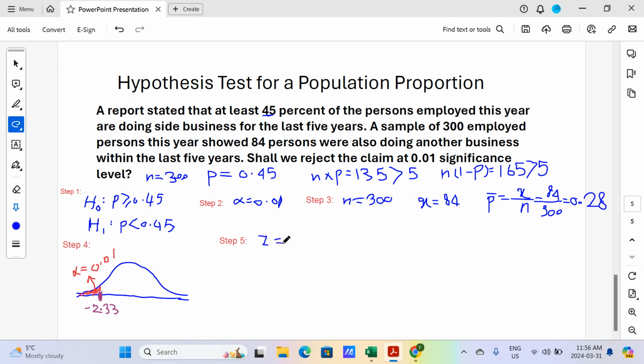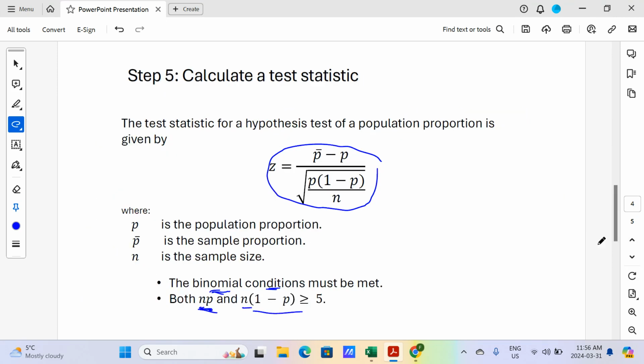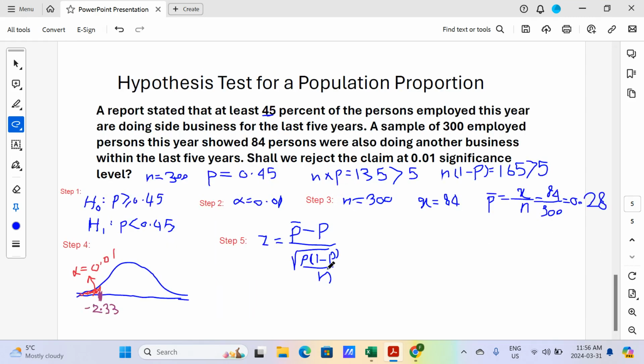Z is p bar minus p, over the square root of p times (1 minus p) over n. Look at this formula: p bar minus p over the square root of p times 1 minus p over n. Okay, so it's a complicated formula.